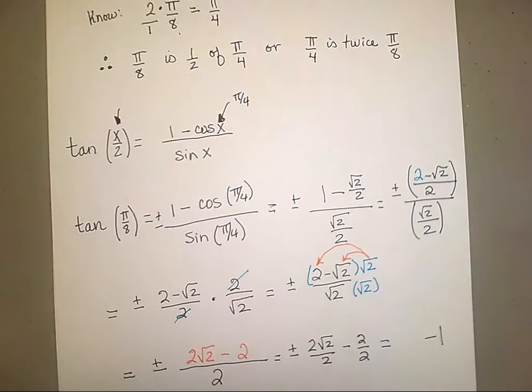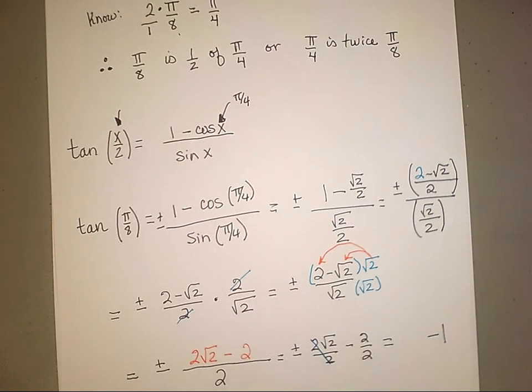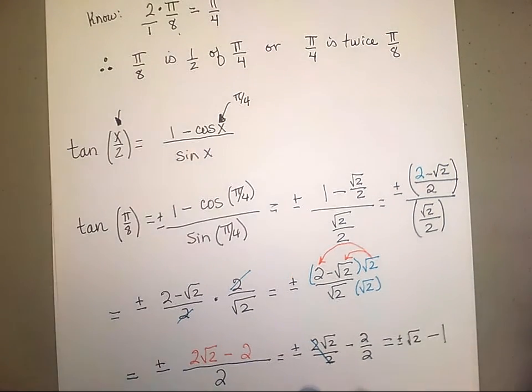Well, minus 2 over 2 is just minus 1. And now we need to be careful. When you're canceling, you cannot cancel underneath radicals. Remember that. The 2's on the outside will cancel, and so we'll just be left with plus or minus root 2 plus or minus 1.